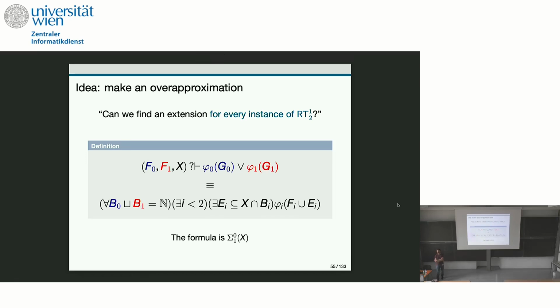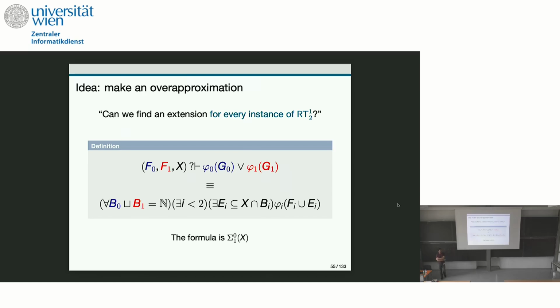So you have to be a bit more careful in the definition. The idea is to make an over-approximation. The over-approximation is saying, let's try for every possible instance, instead of asking for this instance. Let's say, for every 2-partition, can I find a side, and can I find some extension with respect to these 2 partitions so that it holds? At first sight, it's even worse. This formula is starting with a universal second-order quantifier, so it's very complex.